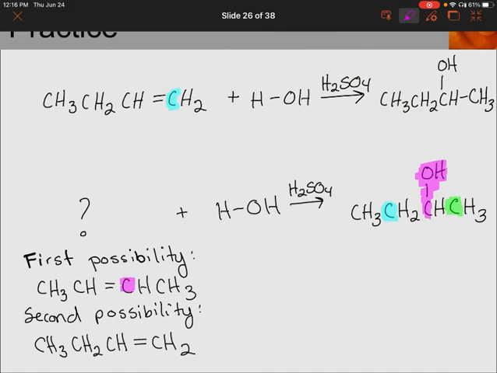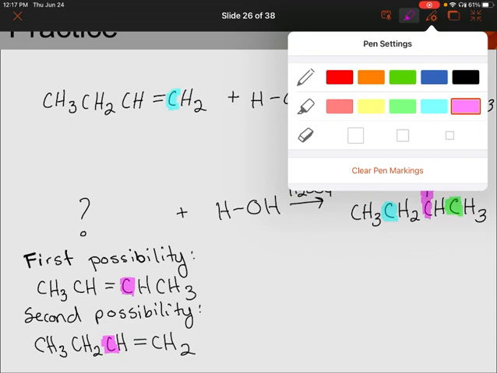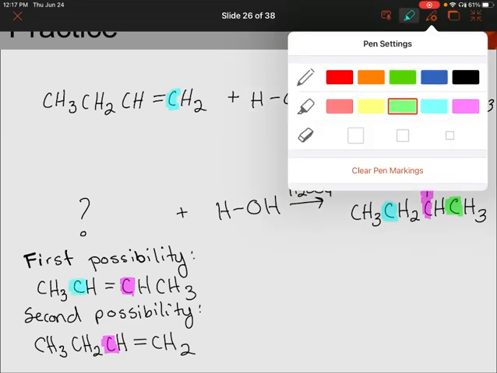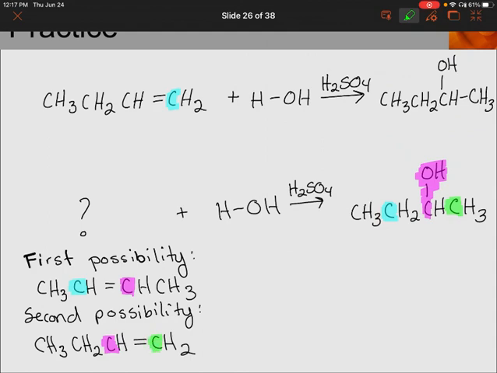So again, we want the OH group to add to the third carbon in the chain. And then it just depends on where the double bond is from there. One thing to keep in mind is remember that if you have an unsymmetrical alkene, you do end up with a very tiny amount of that other product, the minor product.